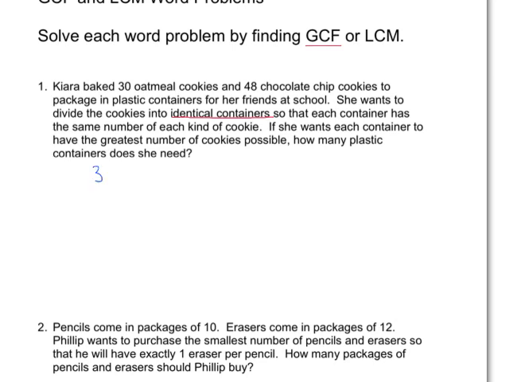Starting with 30, I'm going to do my factor tree, and 30 factors into 2 times 15.